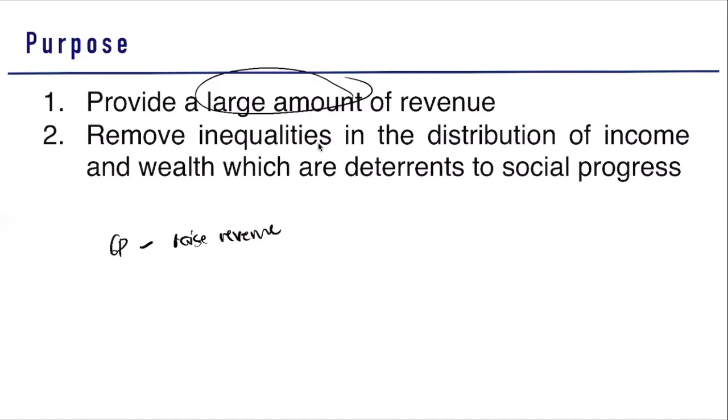So we remove the inequality because if everything is taxed at a certain percentage, that is not so equal. Although you're earning much and someone earns lower than that, you are taxed equally. That is not right.